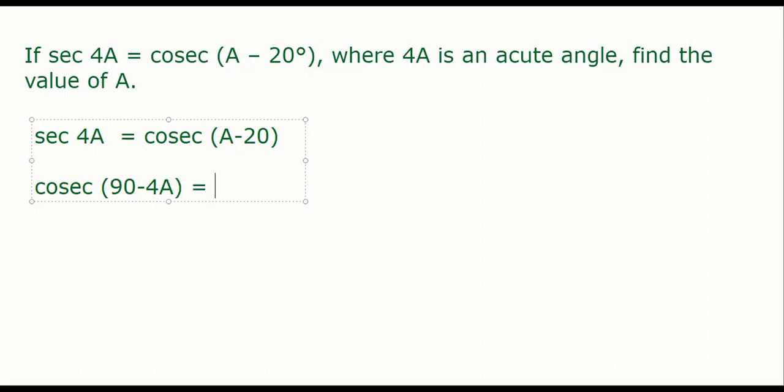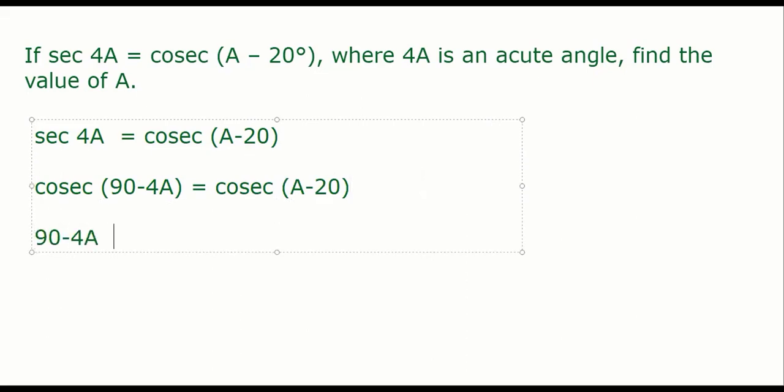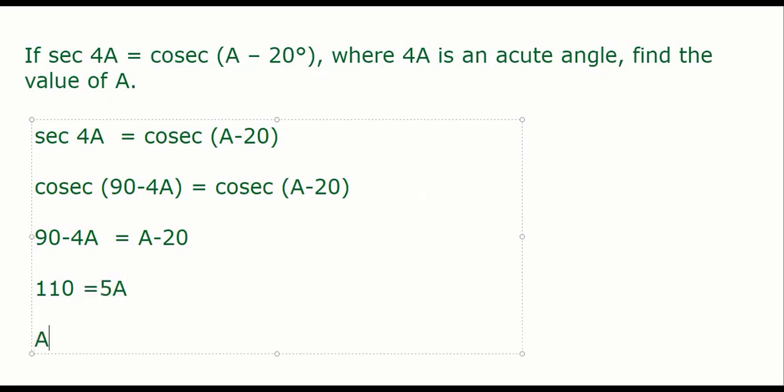So cosec(90 minus 4a) equals cosec(a minus 20), and in the next step we can write 90 minus 4a is equal to a minus 20, and then 90 plus 20 is equal to a plus 4a. 5a, and a is equal to 22 degrees. Too easy. Yes, sir. Thank you, Tanishka.